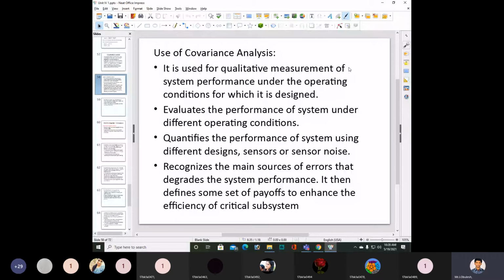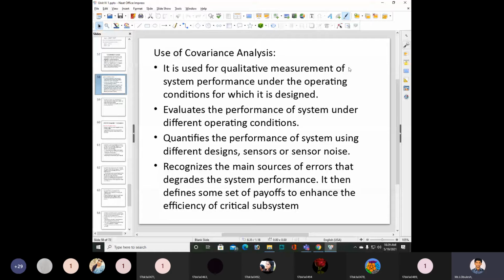It recognizes the main sources of errors that degrade the system performance.